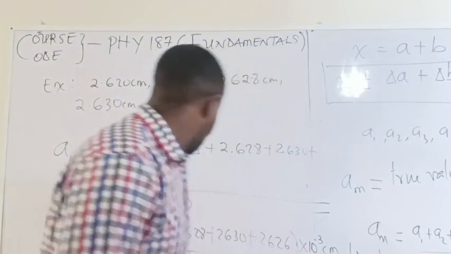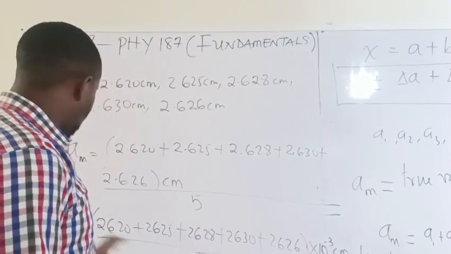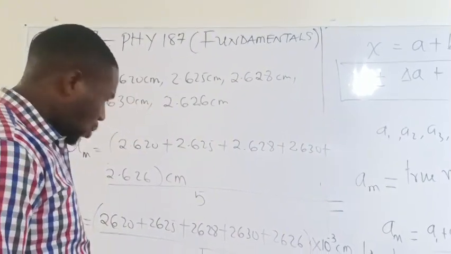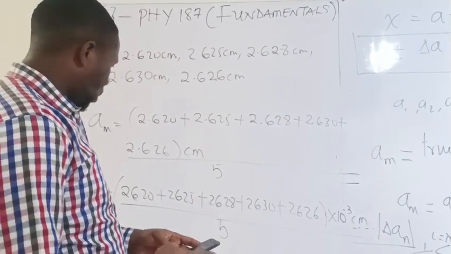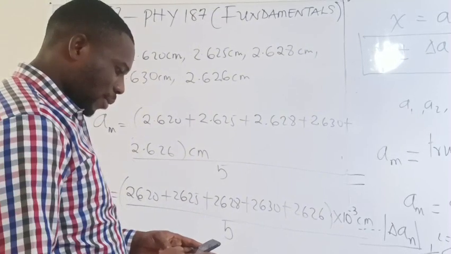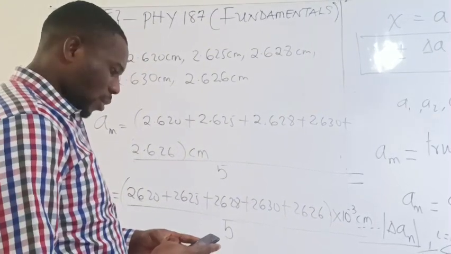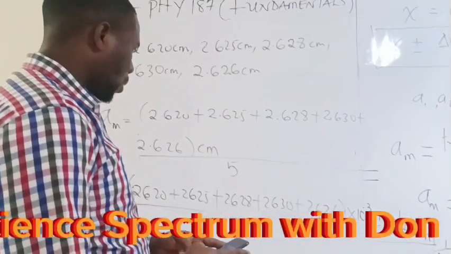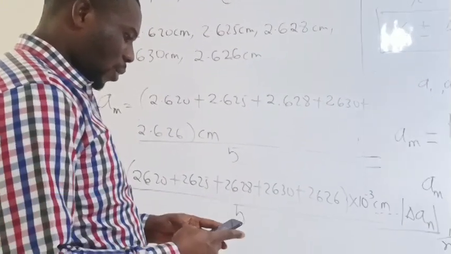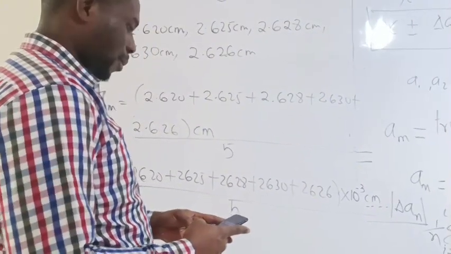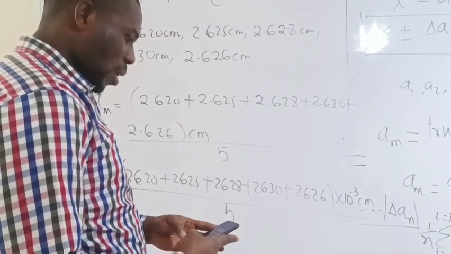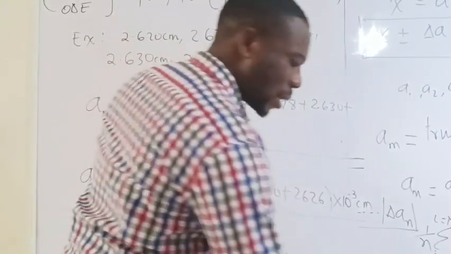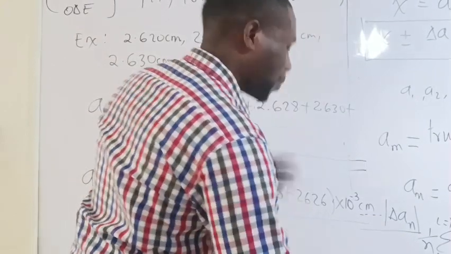On my calculator, this is 2620 plus 2625 plus 2628 plus 2630 plus 2626, and everything boils down to 13129.